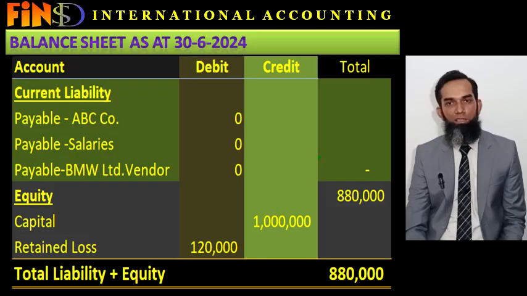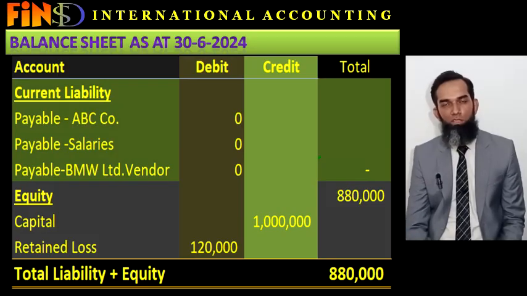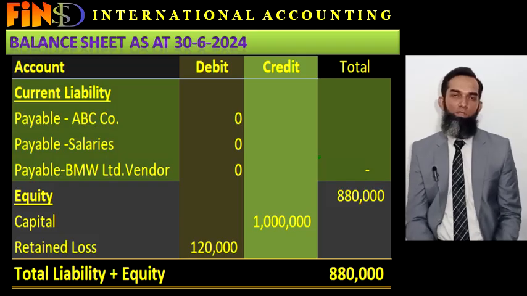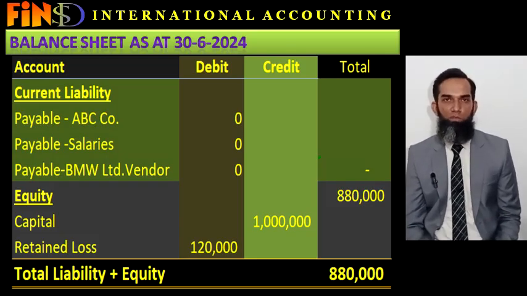Similarly, the equity side is shown by the capital and retained losses. The businessman has invested capital of rupees 1 million into the accounting system, but after incurring the loss of 120,000, its net worth has been reduced in this financial year by 120,000. The accounting equation says that asset minus liability is equal to equity, which is called the net worth of the organization.